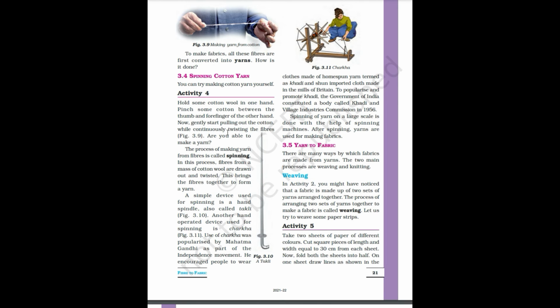Hold some cotton wool in one hand, and pinch some cotton between the thumb and the forefinger of the other hand. Now gently start pulling out the cotton while continuously twisting the fibers. Figure 3.9. So they are going to make a thread of cotton. We need a lot of cotton fiber.